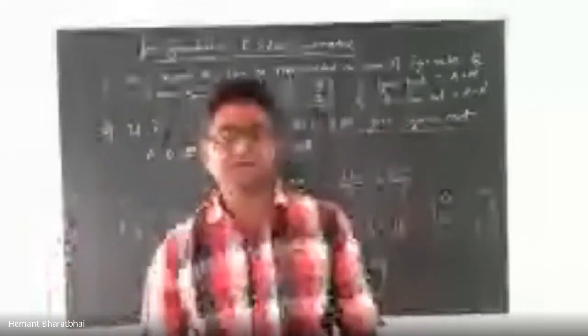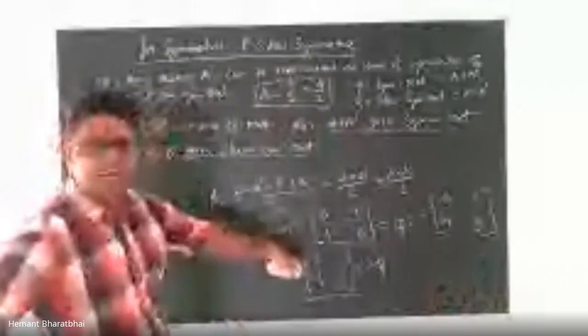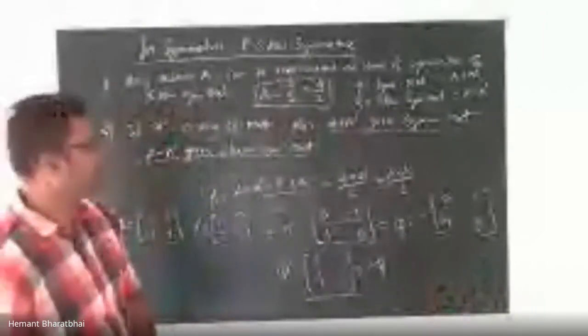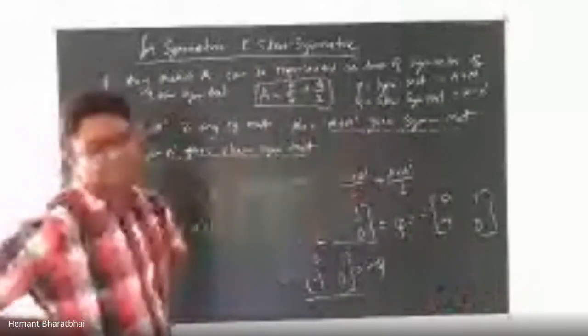And you see, this is exactly the same, so I write it as minus Q. Therefore, I get Q dash is equal to minus Q. We are saying that if A transpose is equal to minus A, then the matrix is called a skew-symmetric matrix. So what I am getting, which was A minus A transpose, is the skew-symmetric matrix. So the second property also gets proved: A minus A transpose is skew-symmetric.